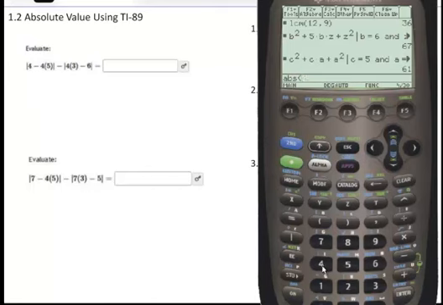So here I get 4 minus 4 times 5. I'm going to close that off. So there's that whole first absolute value, and then minus. I'm going to type it again. Now, the other way that you can do it, if you don't want to go into the math catalog, is just alpha lock and type ABS, if you remember what the command is. And then you can take 4 times 3 and subtract 6, close off that absolute value.